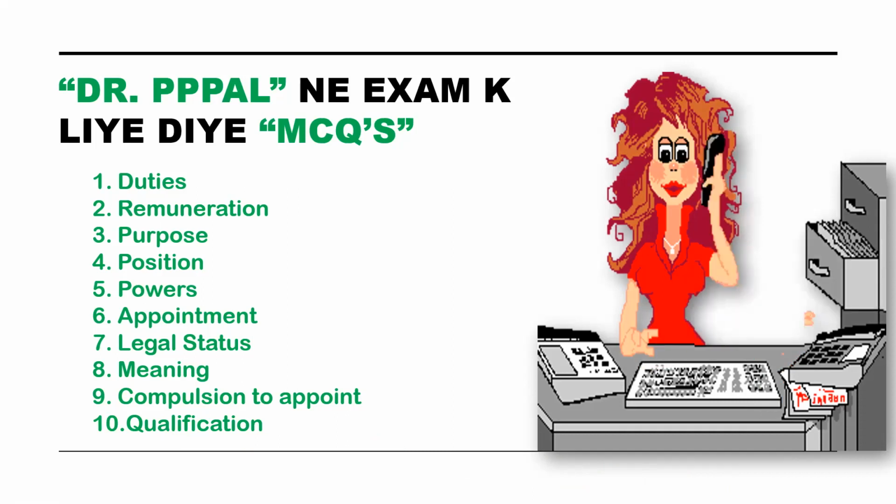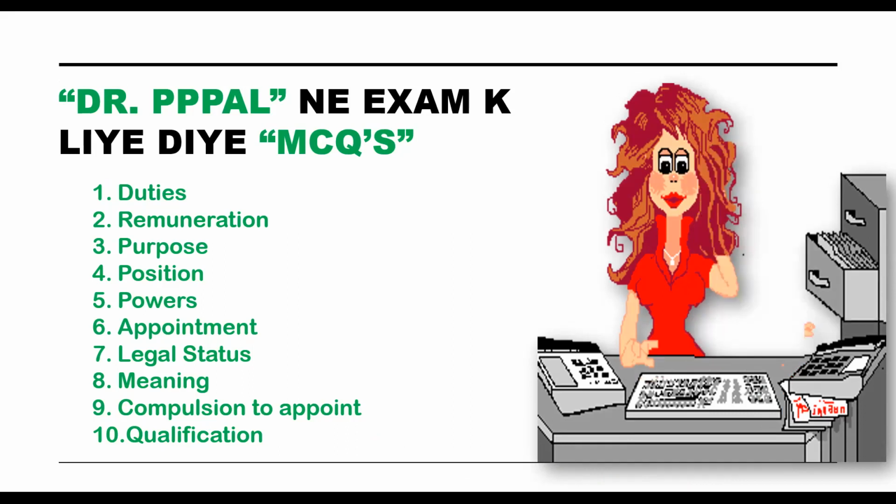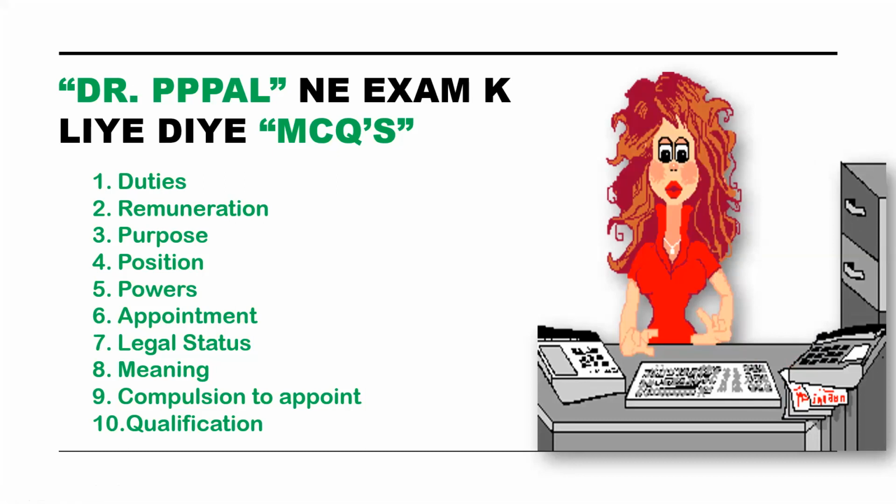So D for duties, R for remuneration, P for purpose, P for position, P for powers, A for appointment, L for legal status, M for meaning, C for compulsion to appoint, and Q stands for qualifications. So class, we'll see all the points one by one.